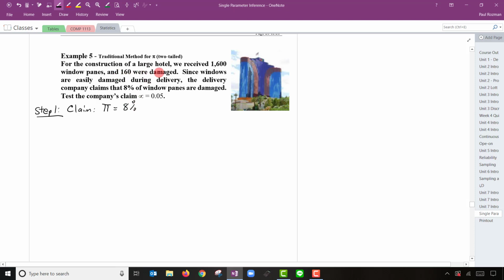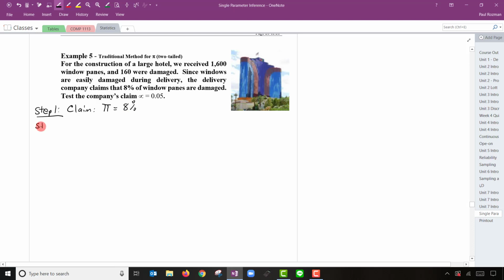You can see from our data that we're going to say we think it's around 10%. So the question will be, is 10% different enough from 8% for us to say we don't really believe them? Or is 10% close enough to 8% for us to say, yeah, we can't really say they're wrong?